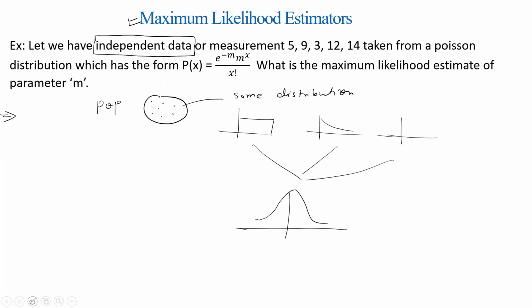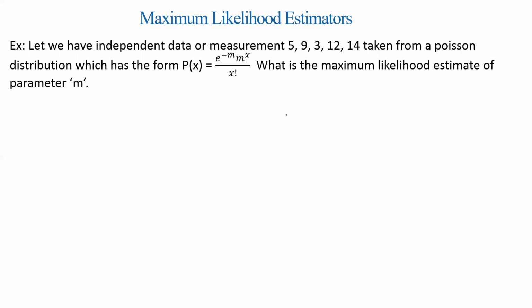We have seen that. But now in the maximum likelihood estimator, we have certain data taken from the population and we also know their distribution. So for example, in this case, I have taken a Poisson distribution because this data set has been taken from the Poisson distribution type, which we have already seen is always represented by this formula P of X. Now we have to find the maximum likelihood estimation of the parameter M here.